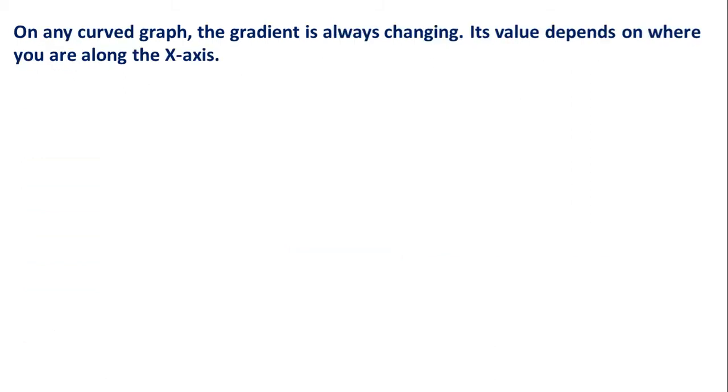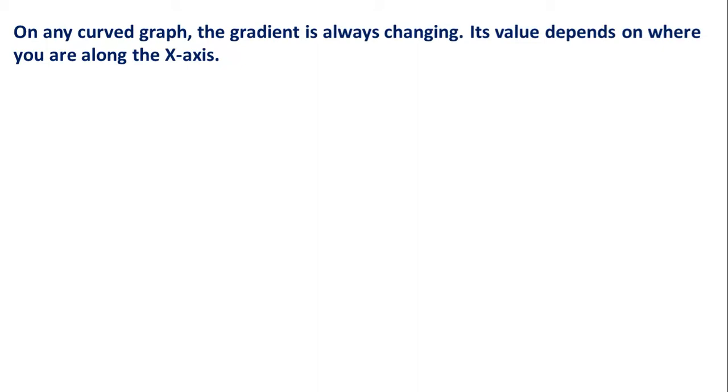Now if you have the curved graph, if you have the function y is equal to f of x, and if you draw the graph of that function, but that graph of that function is just a curve, then in that case the gradient or slope of that curve is always changing.